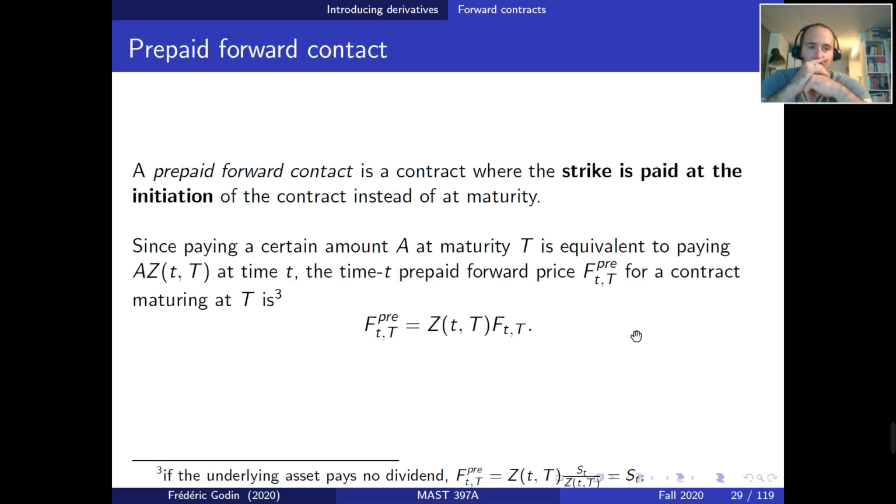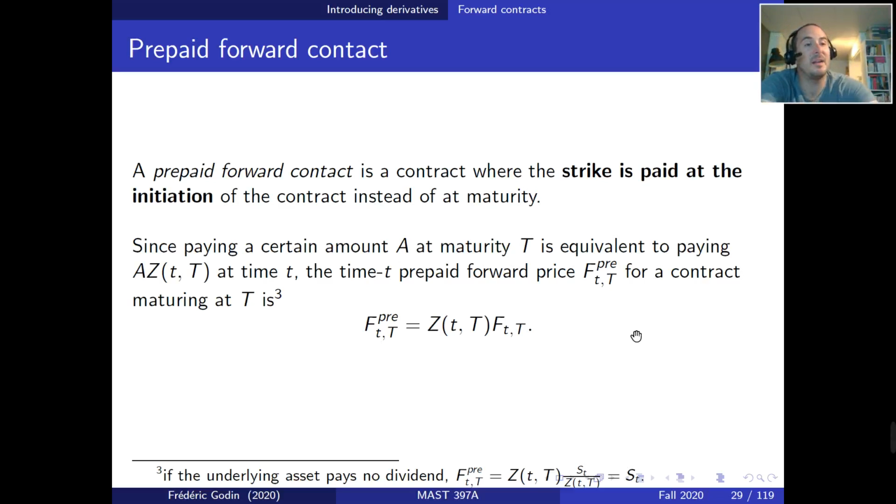We've talked about a forward contract. Now we could mention what we call a prepaid forward contract. A prepaid forward contract is a contract where the strike is paid at the initiation of the contract instead of the maturity. The regular forward contract entailed that at time capital T, the long position receives the underlying asset and pays the strike.